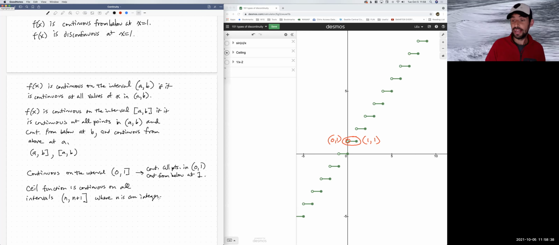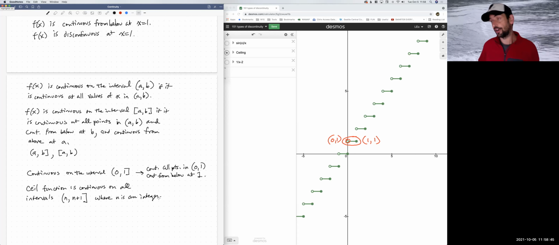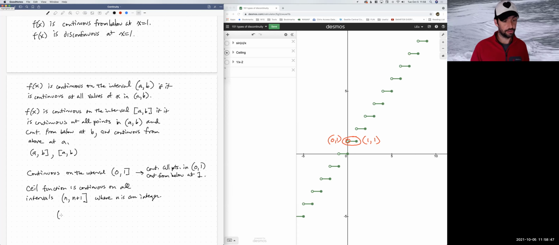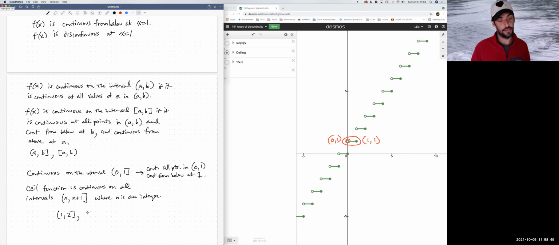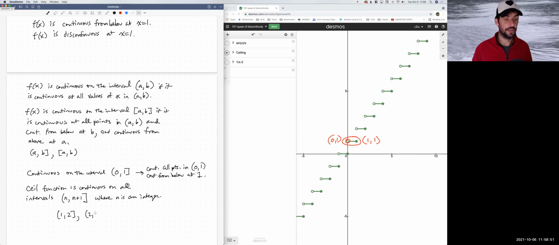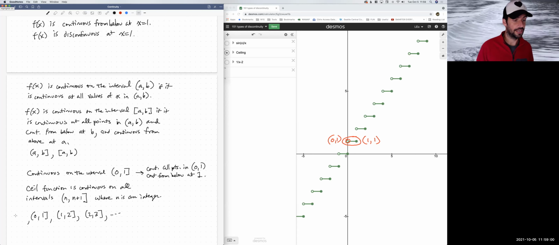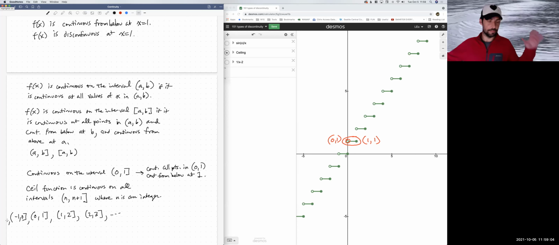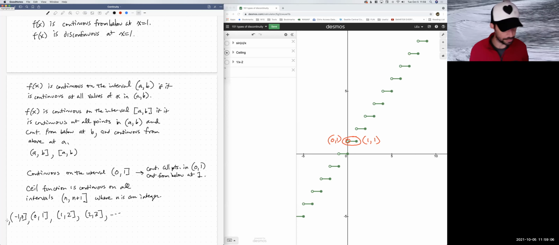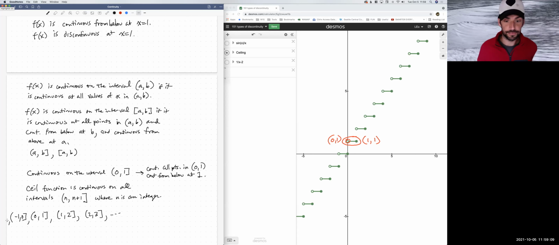Okay, right? So this is all these intervals as we go in both directions: (1, 2], where it's open on the one side, closed on the 2 side, and then the interval (2, 3], and so on, and going backwards, even going into the negatives. All right, so extending both directions forever, we get continuity like that.